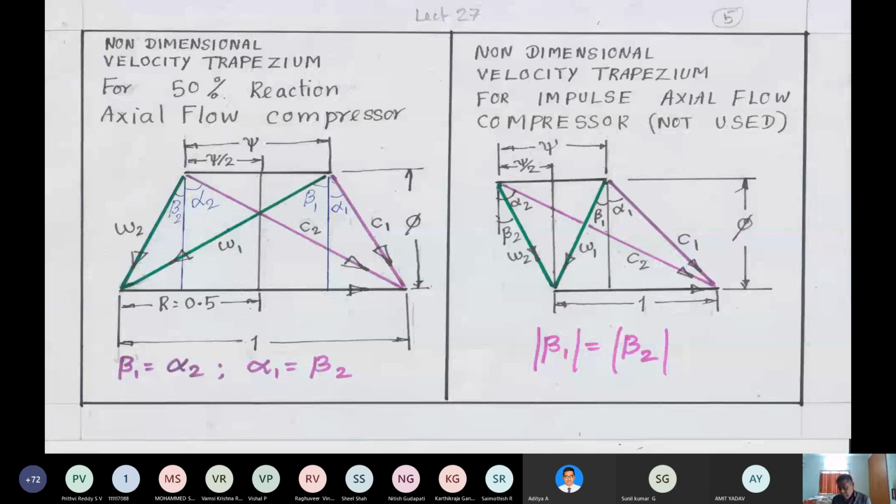Then this surging is related to another thing called stall. When you talk about a single aerofoil, when you give incidence, at a particular incidence you find that the lift suddenly drops.